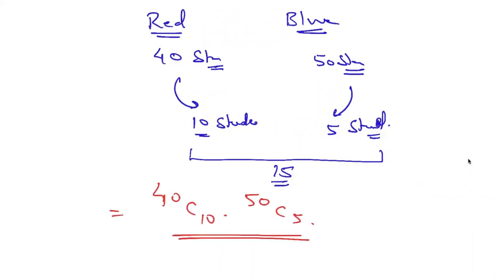So this is the total number of selections: 40C10 into 50C5. With the restrictions also, if we have to select, in the simplest way we can go. One more.